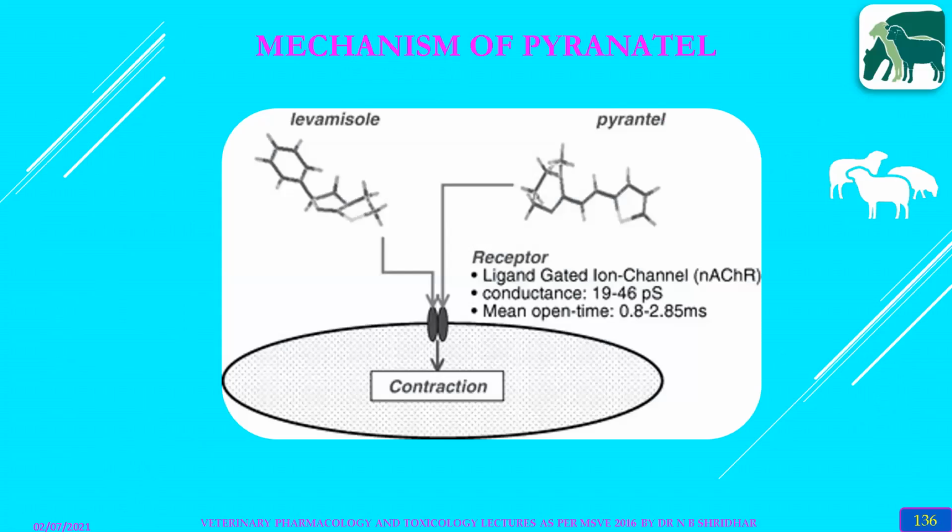Then this is the diagrammatic representation of how levamisole and PYRANTEL act. So PYRANTEL pamoate, etc., act on the ligand-gated ion channel receptors, especially nicotinic type receptors, and block that particular receptor. So that's the simple mechanism of action.